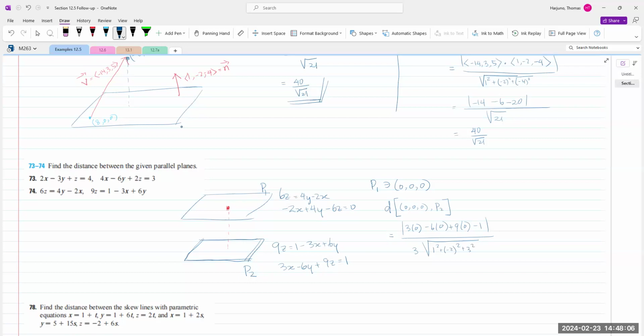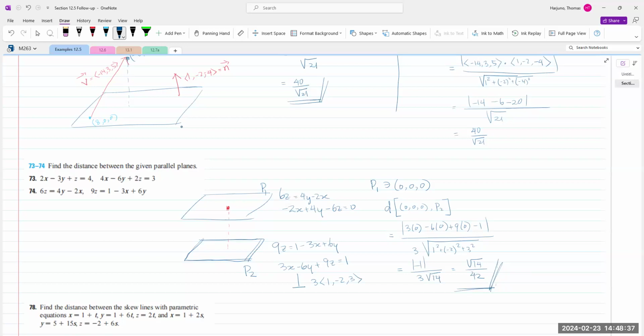Yeah, because the vector normal to this is 3, negative 6 and 9, or 3 times 1, 3 times negative 2, 3 times 3. Which is equal to the absolute value of negative 1 over 3 times the square root of 14. So that's the square root of 14 over 42. That's the distance.